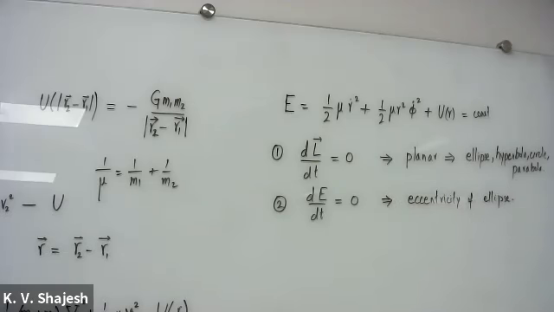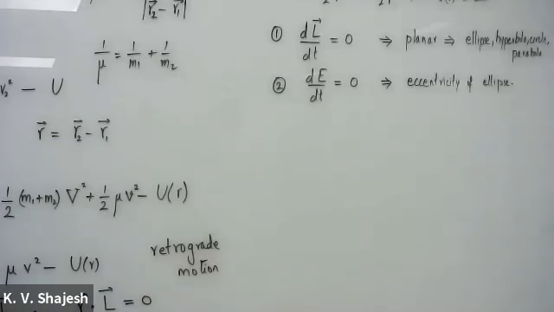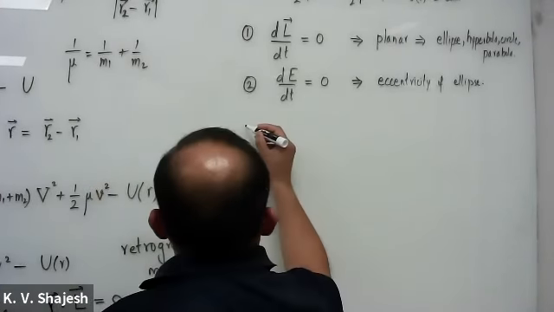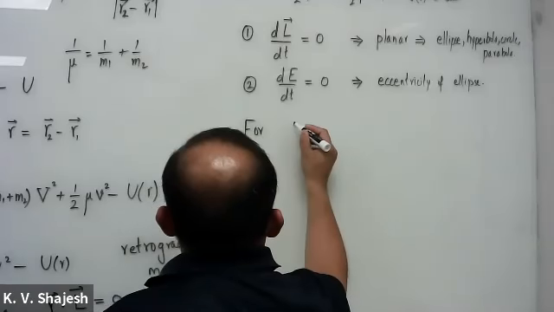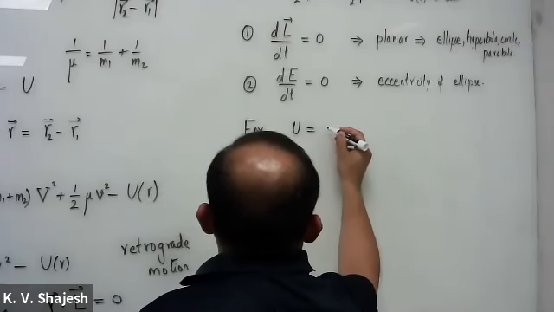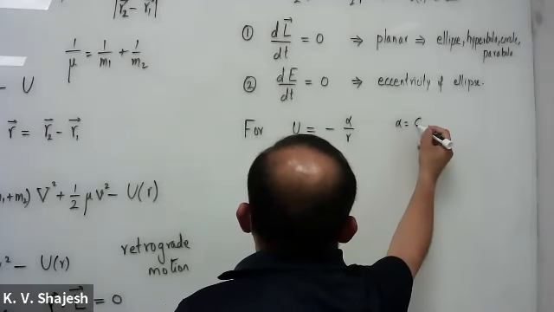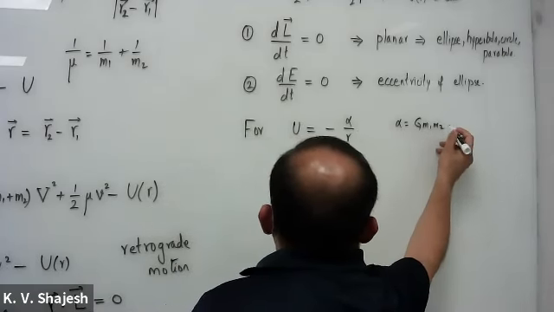Okay. And this is for any U, right? Any potential. But there is this nice feature. This is what your homework is about. For U is equal to minus alpha over r, that alpha is G m1 m2.